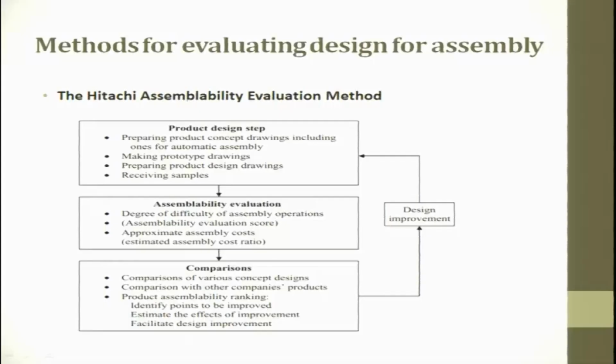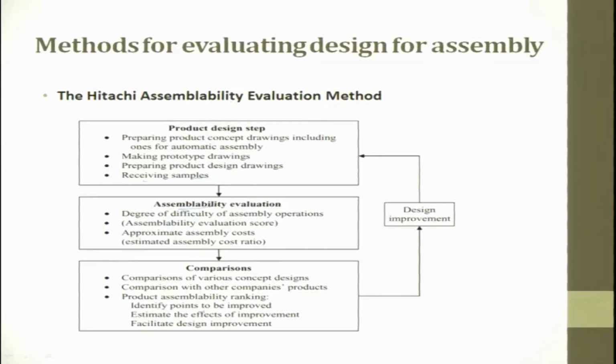The Hitachi assemblability evaluation method goes like this: product design step, prepare product concept drawings including ones for automatic assembly, make prototype drawings, prepare product design drawings, receive samples, then assemblability evaluation, degree of difficulty of assembling operation, and then approximate assembling cost. So, these two come here. Then the next ones are comparison of various concept designs, comparison with other company products, and product assemblability ranking.